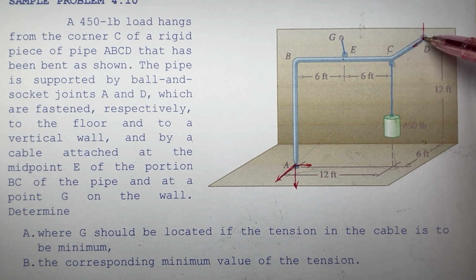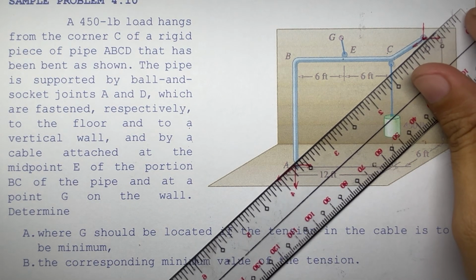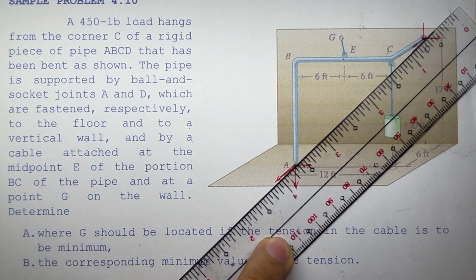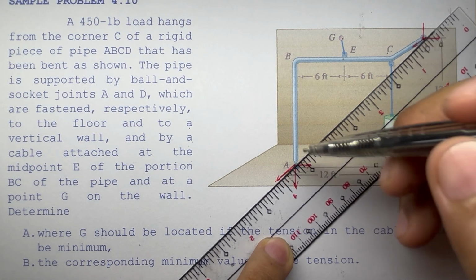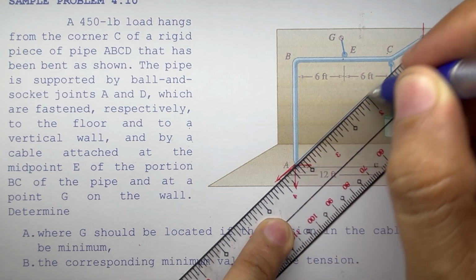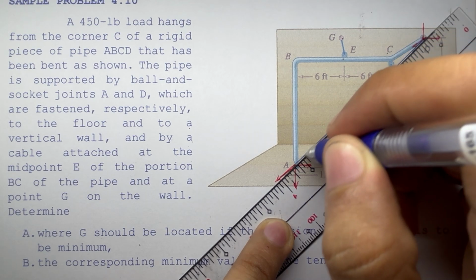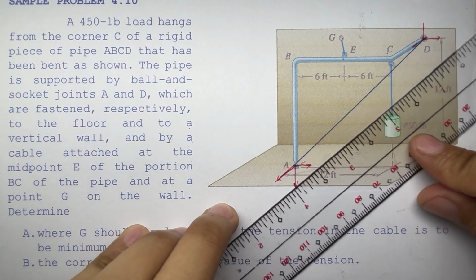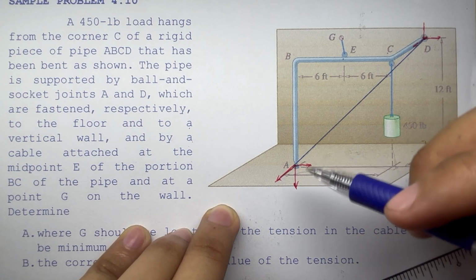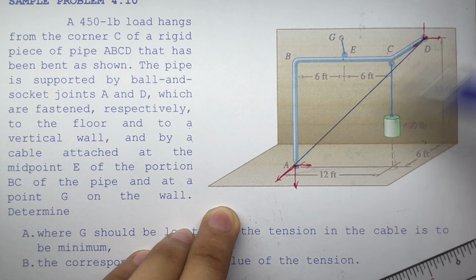Instead of using moment about a point, if we use moment about a line, we can eliminate the unknown reactions at points A and B. If we choose this axis AD as our axis of rotation for the application of moment about a line, we can eliminate the unknown reactions at point A and point B.